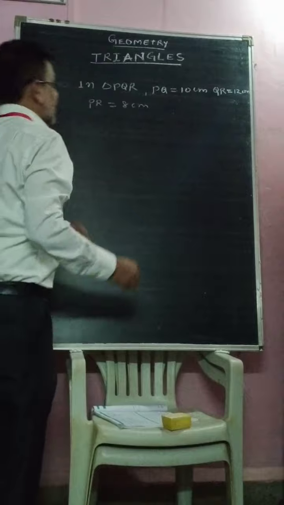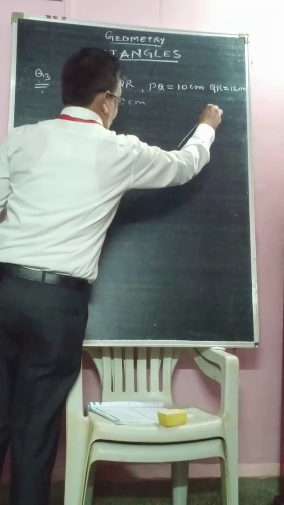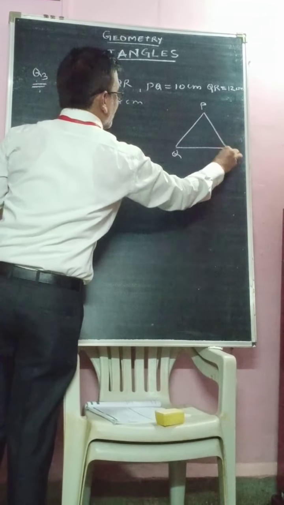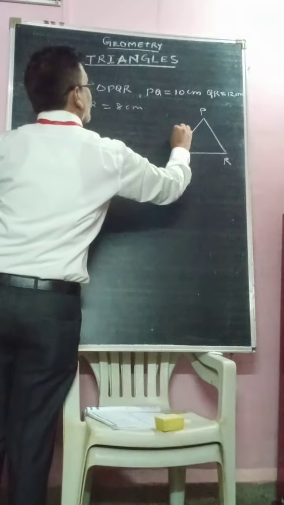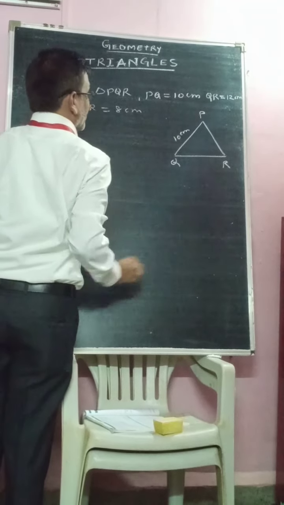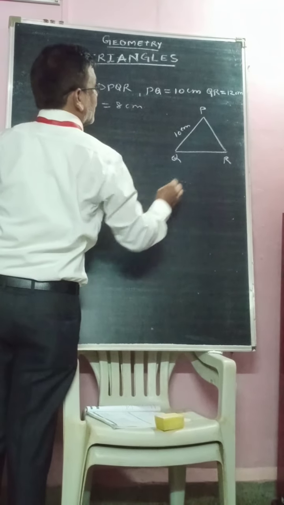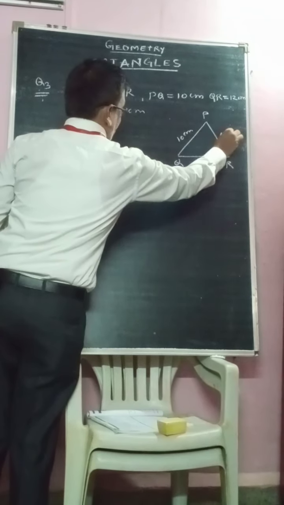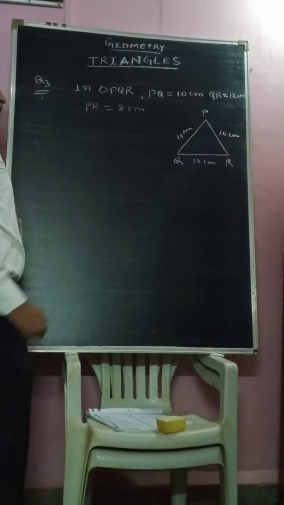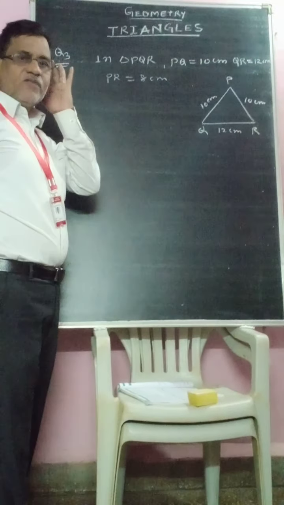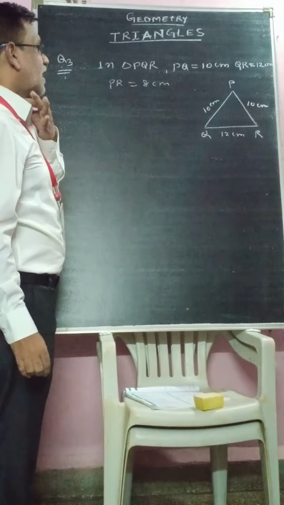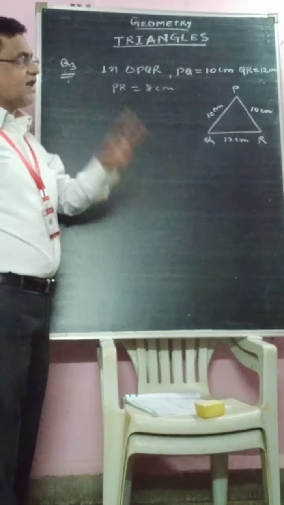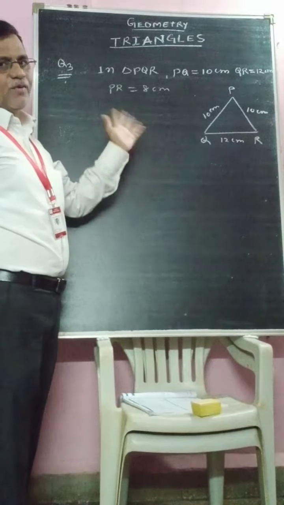See here, this is the triangle PQR, and PQ is 10 centimeter, QR is 12 centimeter, and PR is 8 centimeter. We already know the concept of inequality of sides. According to that concept, the angle opposite to the greater side is greater and the angle opposite to the smaller side is smaller.